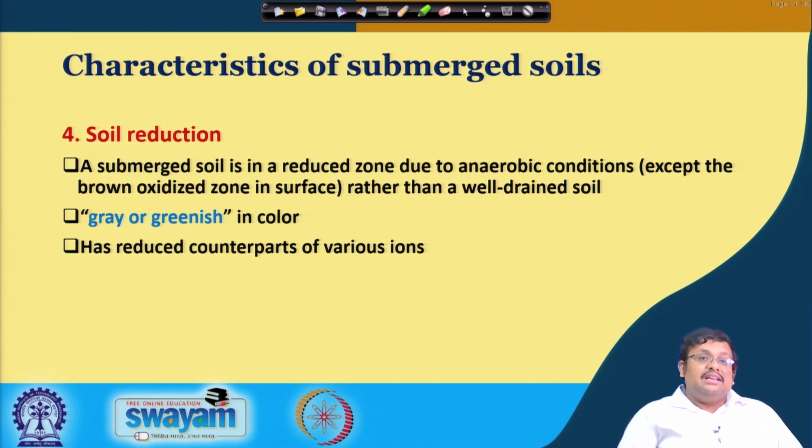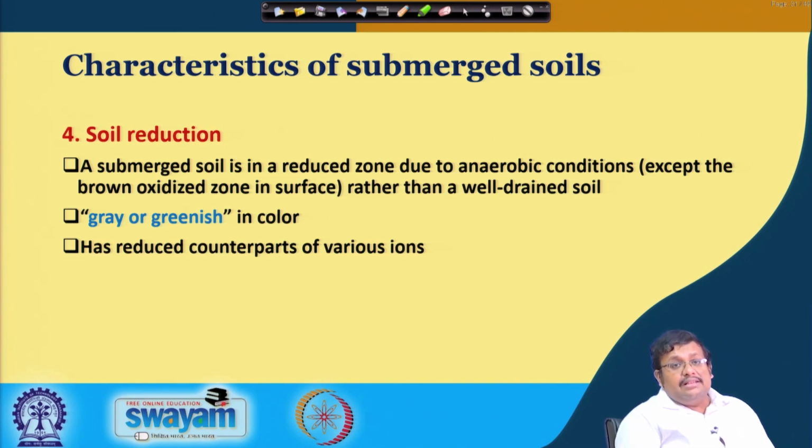So, basically they show a gray or greenish color, and they have the reduced counterparts of various ions. Again, submerged soil is in a reduced zone due to the high anaerobic condition, and as a result produces a bluish-green or gray color, with reduced counterparts of various ions.